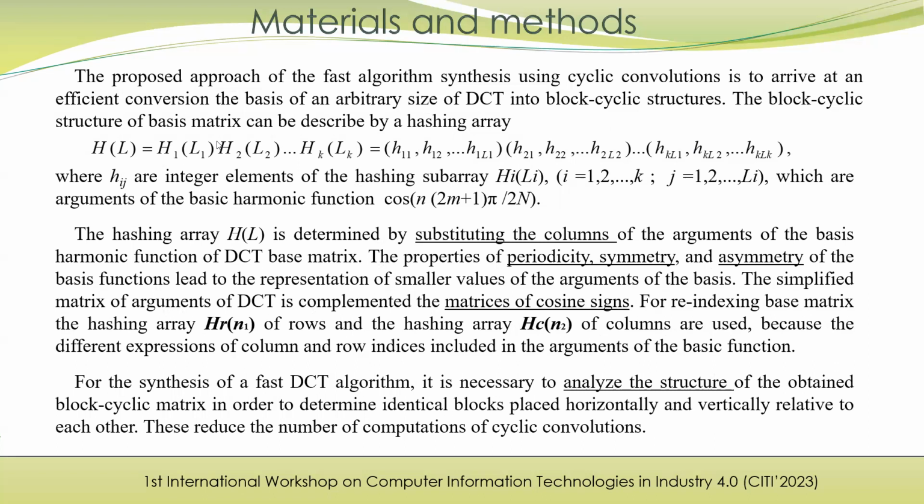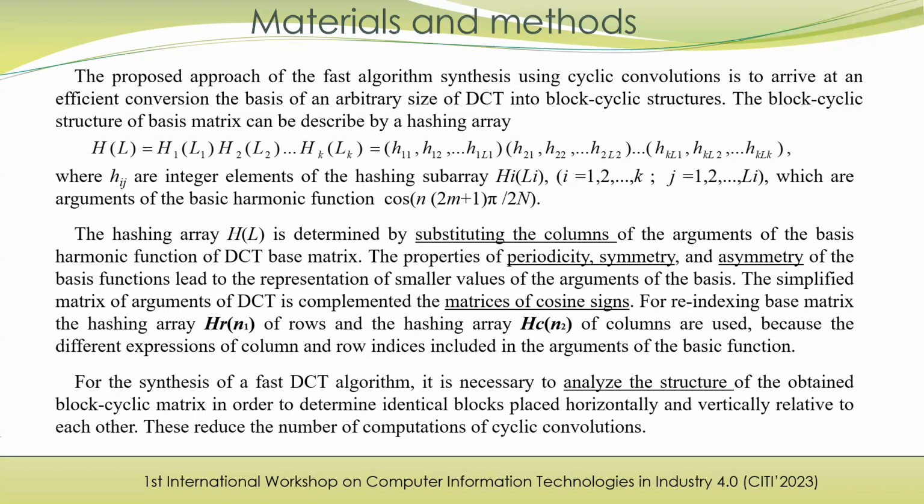where the hashing array consists of integer elements, which are arguments of the basic harmonic function. The hashing array is determined by substituting the columns of the arguments of the basis harmonic function of the DCT basis matrix.